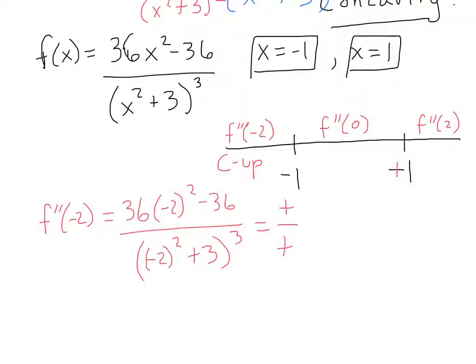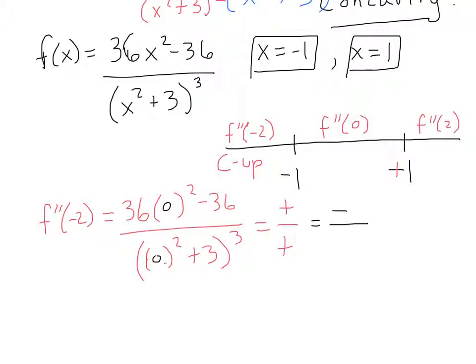And now I want to plug 0 in. So I'm going to erase the negative 2 here and here. And this time I'm going to plug in a 0. 0 here and 0 here. Now, when I plug 0 in, on top, what do I get? 0 squared is 0. Yep, so it's negative because 0 minus 36 is negative 36.